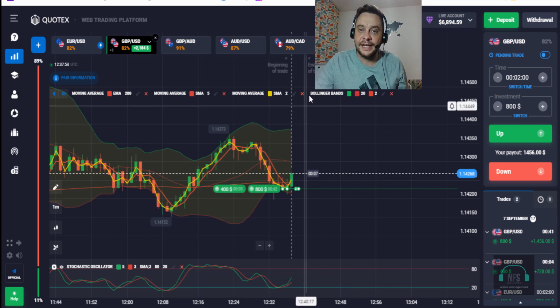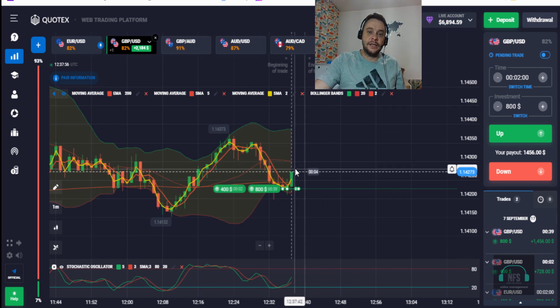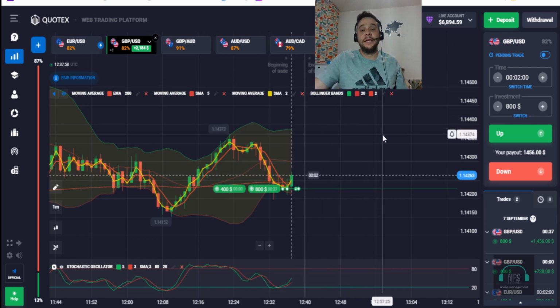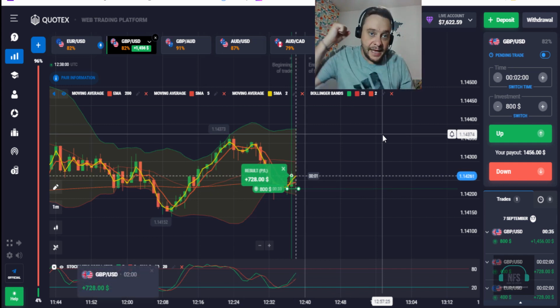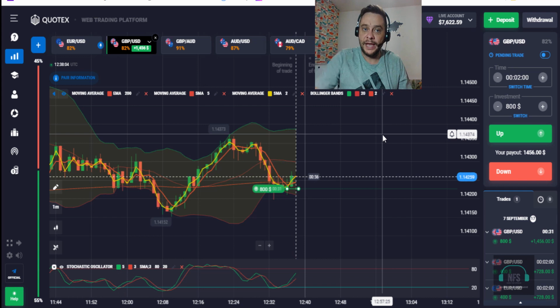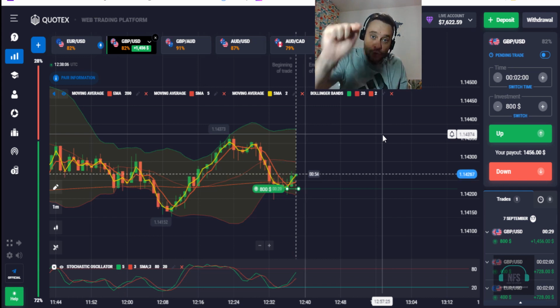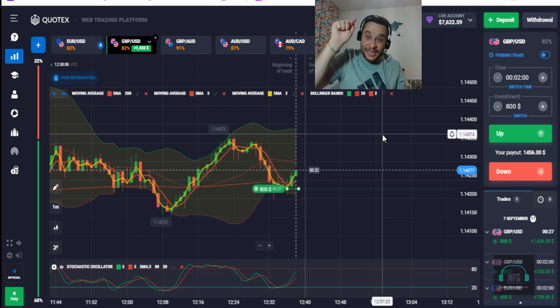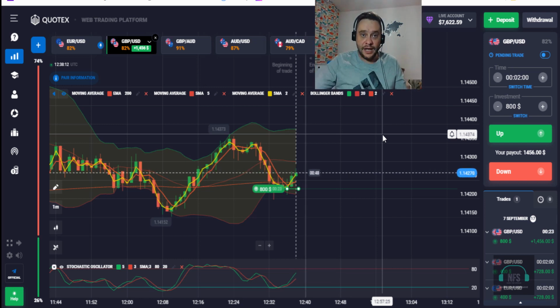We still have 40 seconds, but as you can see, the price is a lot above the entry price. Use it. And the $400 trade, oh, and we should wait for the $800 trade. Use the strategy first, try the strategy, and do it over and over again on a demo account.